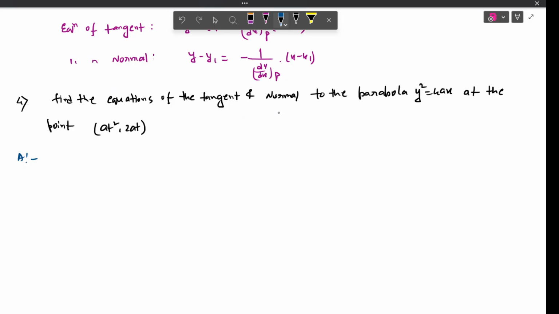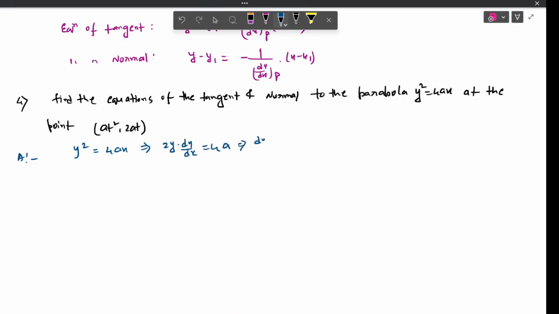We have to find the equations of the tangent and normal to this parabola at this point. So first of all, we have to differentiate to get the slope. Differentiating both sides, it would be 2y into dy by dx equals 4a.